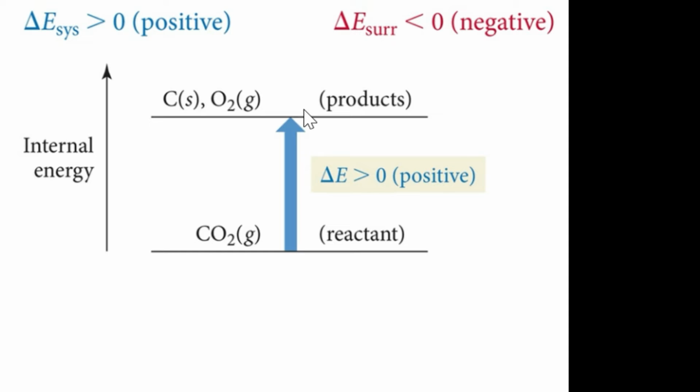So we're making our simple elements, and it's going to have higher energy. But instead, the process is just reversed now. So because we got a reverse process, notice what happens: our system gained that energy, therefore our system's going to be positive, which we see over here.